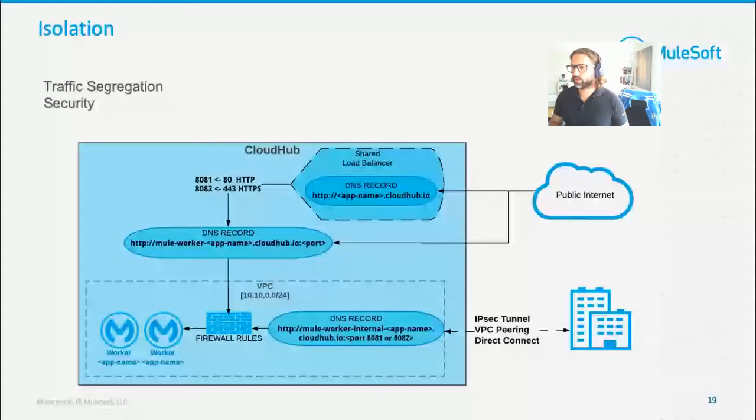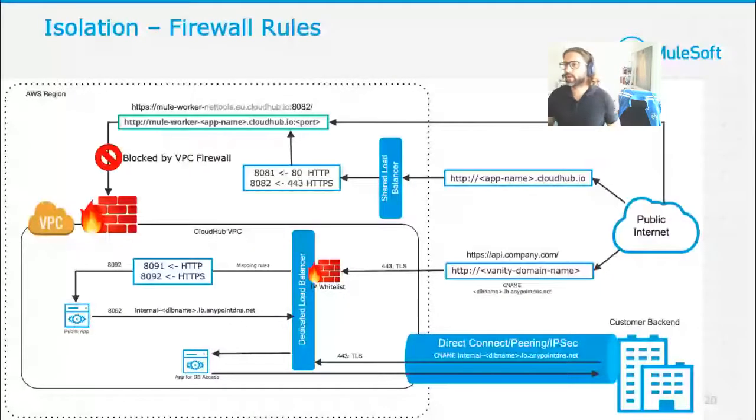So some examples. In some cases, the applications that you will be deploying to your VPC might not be public, okay? There can be a group of APIs, a group of applications that should be accessible only from your internal network. In that case, you need to prevent your applications in that VPC from being publicly accessible using the firewall rules of your VPC.